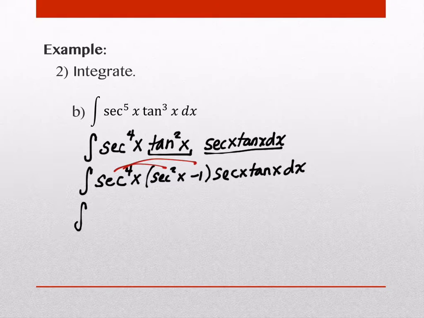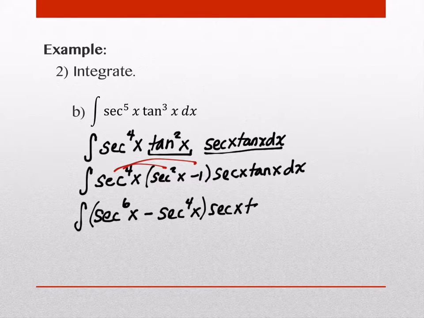So I have the integral of secant to the 6th of x minus secant to the 4th of x. And I have secant x tangent x dx. That's as cleaned up as I want. Don't go distributing the secant tangent back through. That would be completely unhelpful, right? Our goal is to leave this alone so that it can be du eventually.